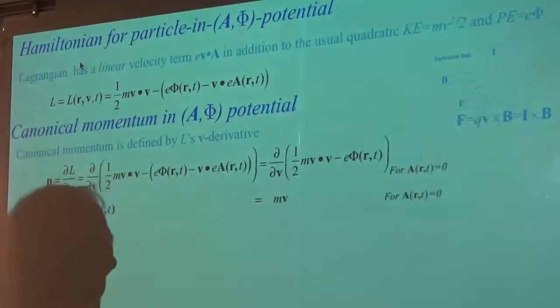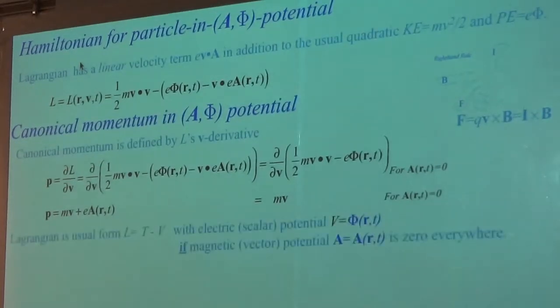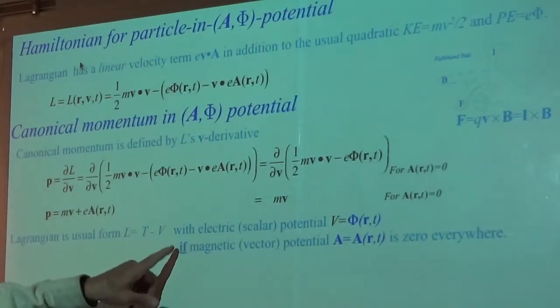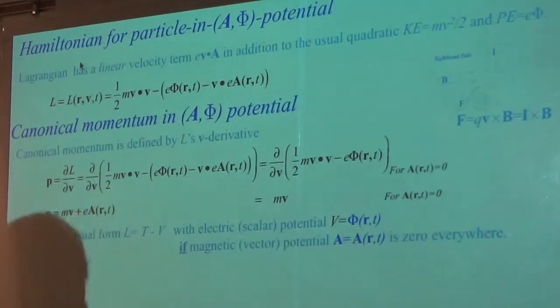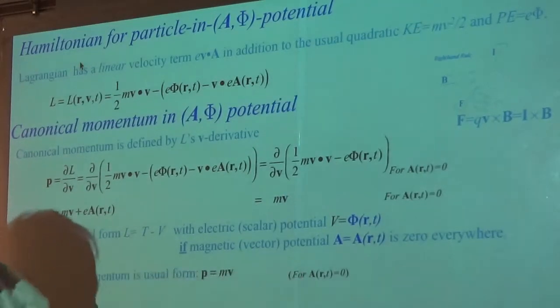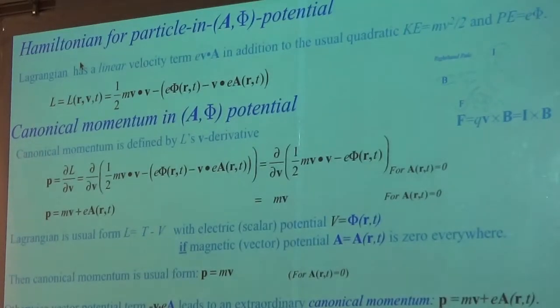So we come back to the ordinary momentum in that situation. Now, the usual form of the Lagrangian with a scalar is there if this magnetic potential isn't there. Okay, now, the canonical momentum is the usual form for this, but it's this bizarre form for this. So this is the new thing here.